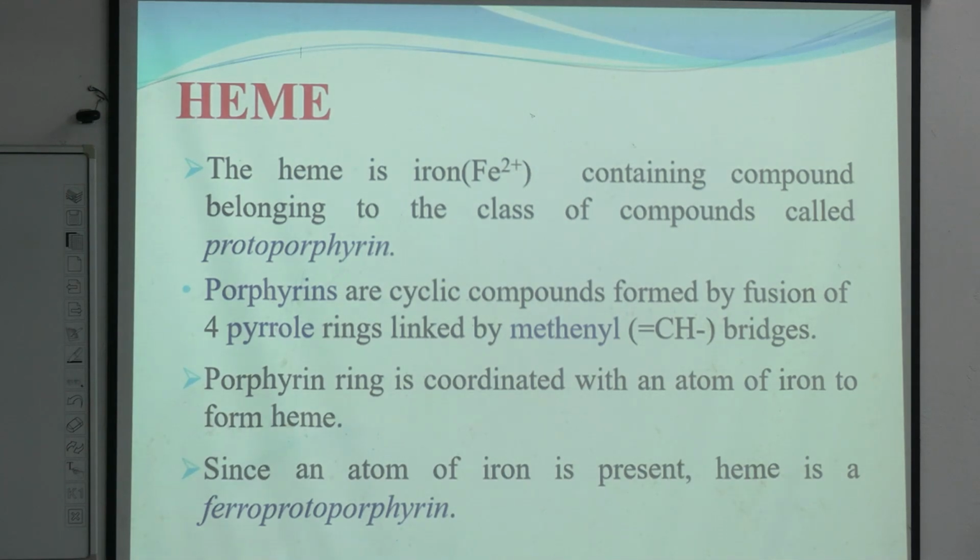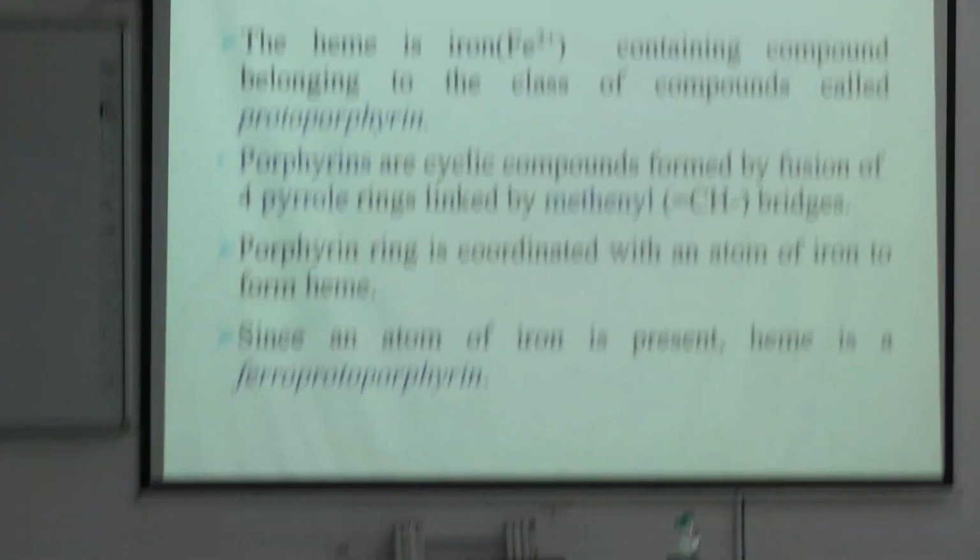The protein part is known as apoprotein, and when the prosthetic part joins, it makes the full conjugated protein. When it acts as an enzyme, this will act as coenzyme and will make the holoenzyme. So heme is iron containing.